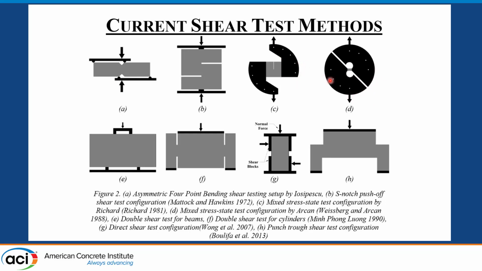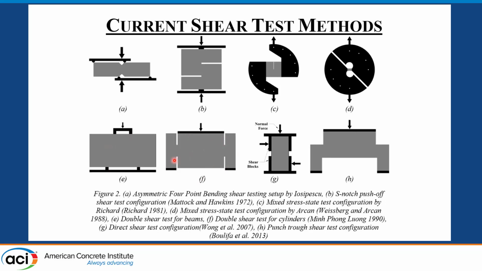Then E and F: E is the double shear test in prisms or concrete beams, which is pretty common to see. We expect that the shear zone is developed between the edges of the loading and expect the failure there as a shear failure. F is also similar, but in the form of a cylinder. It's double shear in cylindrical form.